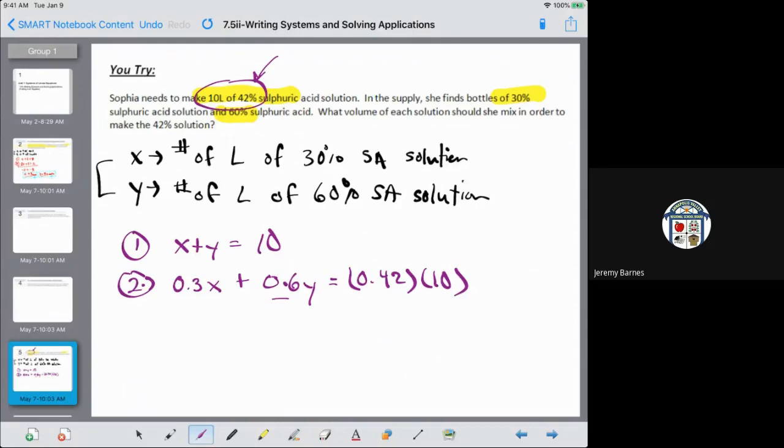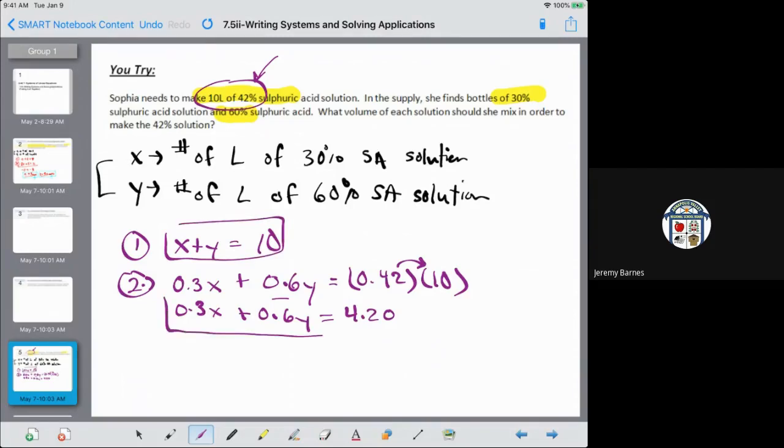So I'm just going to rewrite this second equation here: 0.3x plus 0.6y is now going to be equal to, I'm just going to multiply these two together because those are just two numbers, there's no variable there, 4.20. All right, so we've got one equation here and another equation here. We have our two equations and we have our two unknowns.